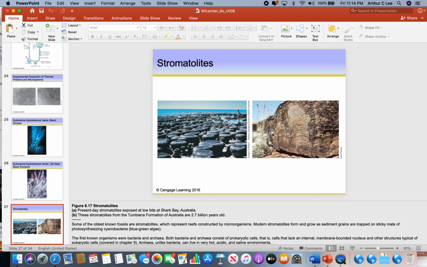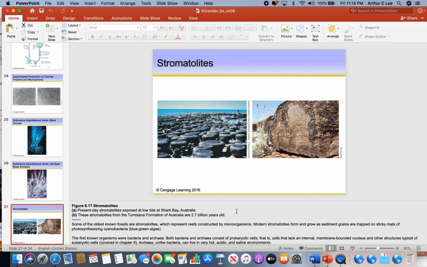We find them in Tennessee, in rocks hundreds of millions of years old, close to Knoxville, at Crystal Cave system near Knoxville. Anyway, here you can see stromatolites preserved in rocks. Very common in the Archean. So in the Archean, what do we have? Well, we have granite gneiss complexes.